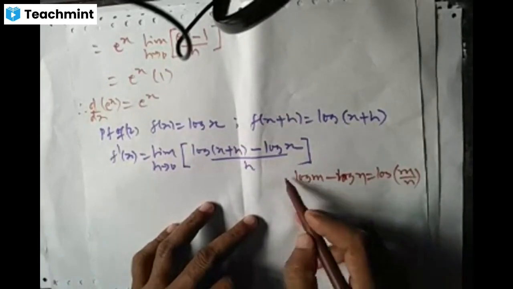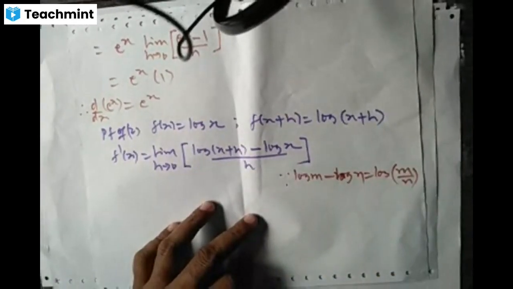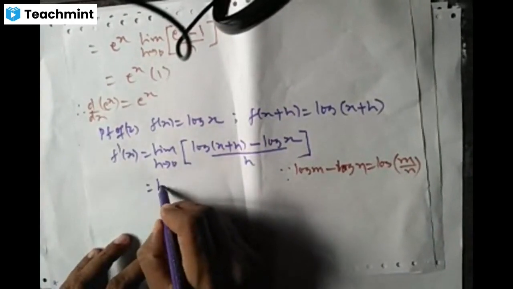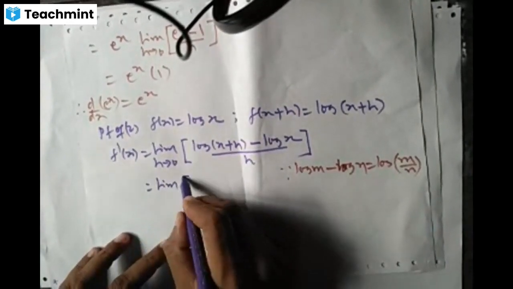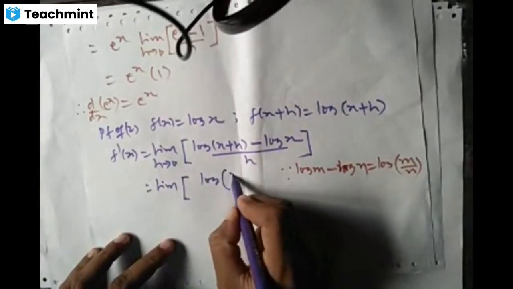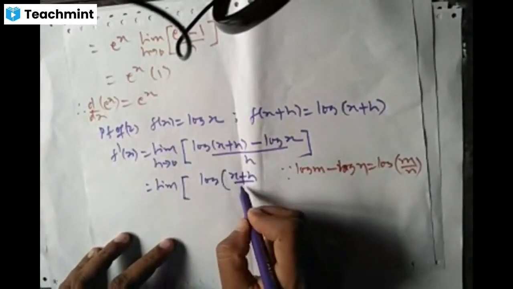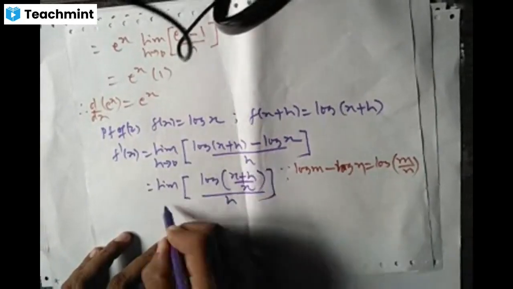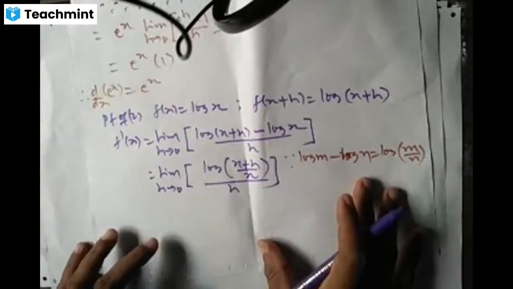I am using one of the properties of logarithm. Then I can write the right hand side as limit of log of x plus h by x, whole thing divided by h, as h tends to 0. Correct?